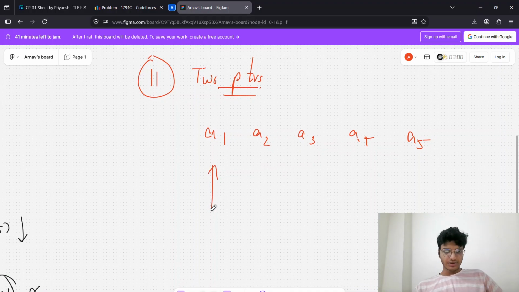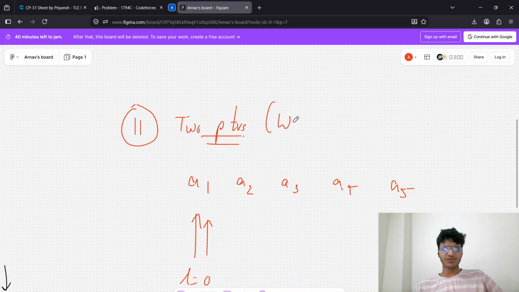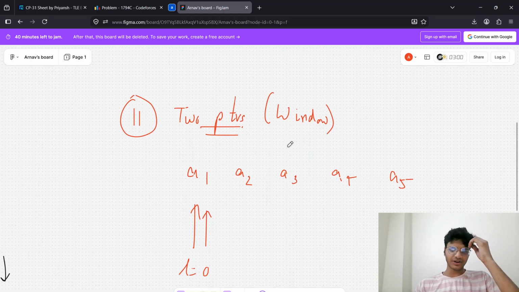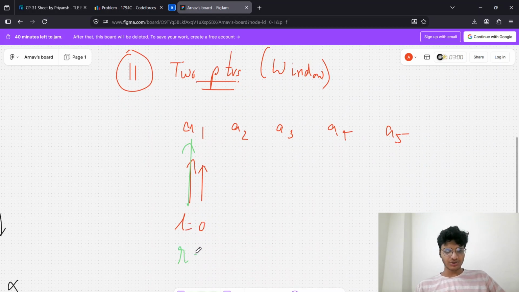So here L equal to 0 and R equal to 0 point to these two. That is two pointers, or you can say a window. I forget the exact name, like window size or sliding window. So we are at A1, that is L equal to 0 and R equal to 0.